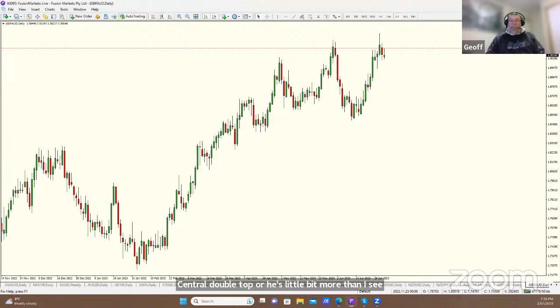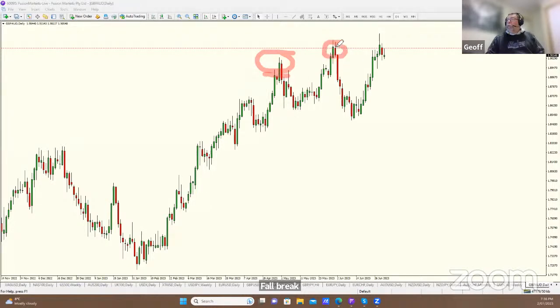I call it the Three Amigos. One of my favorite things. False break of that level. False break of that level. Potential false break of that level. It's not there yet, right?